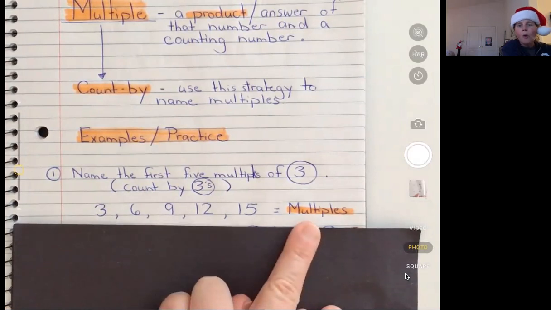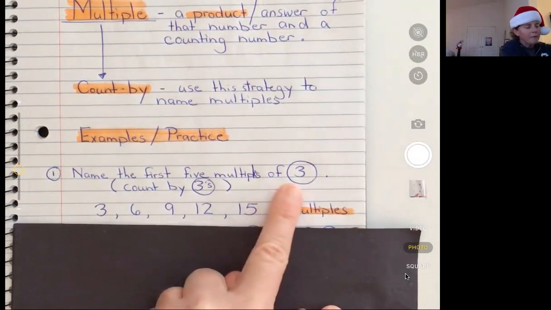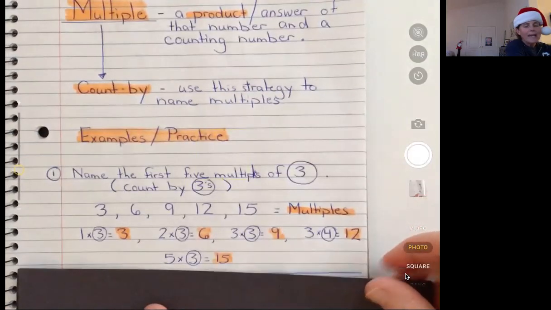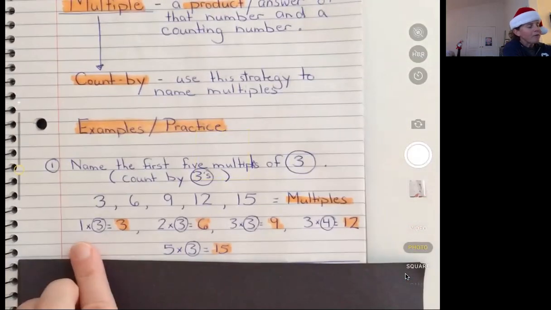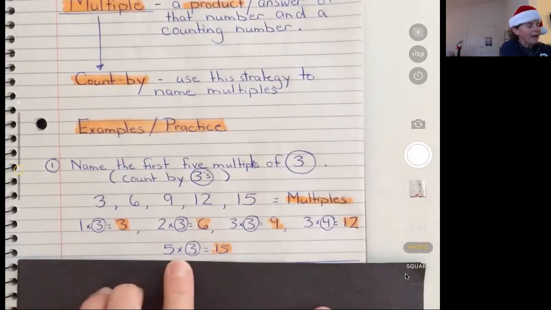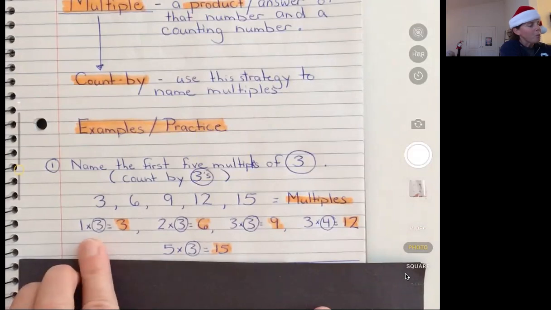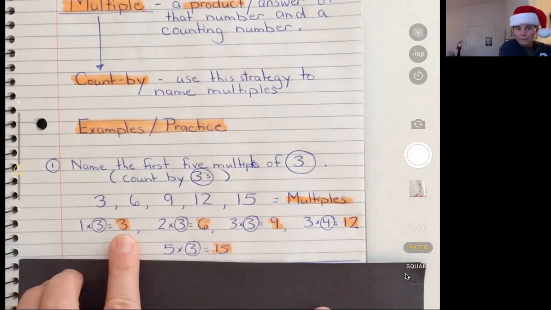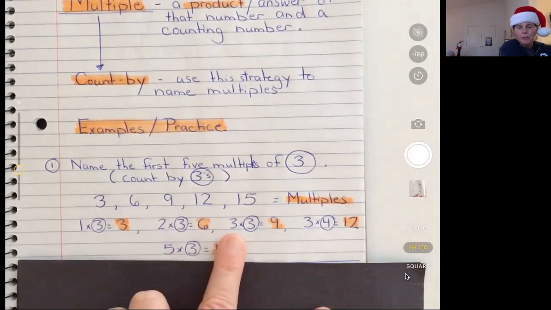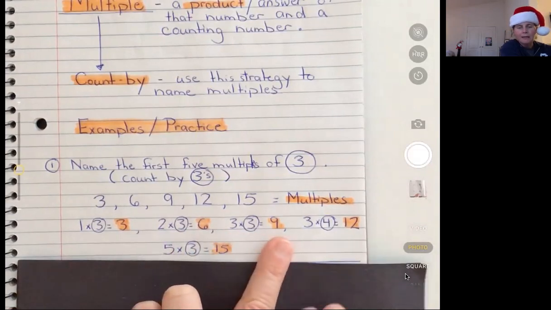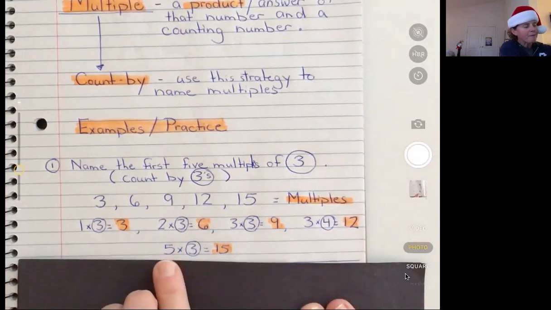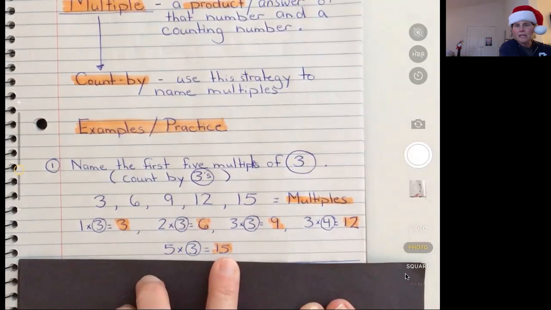These are all multiples of 3 because they are the answers that we get when we find the product of 3 all the way up times 5. So 1 times 3 is 3, 2 times 3 is 6, 3 times 3 is 9, 3 times 4 is 12, and 5 times 3 is 15.